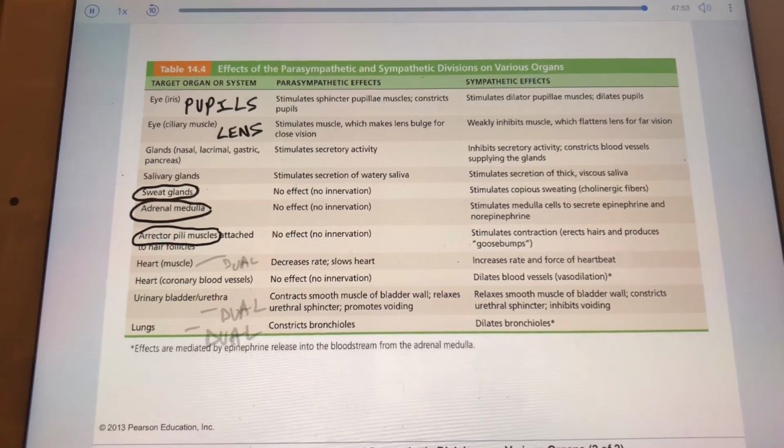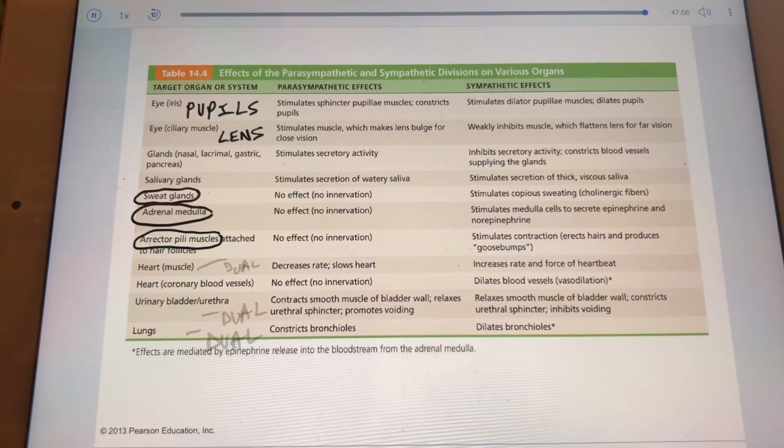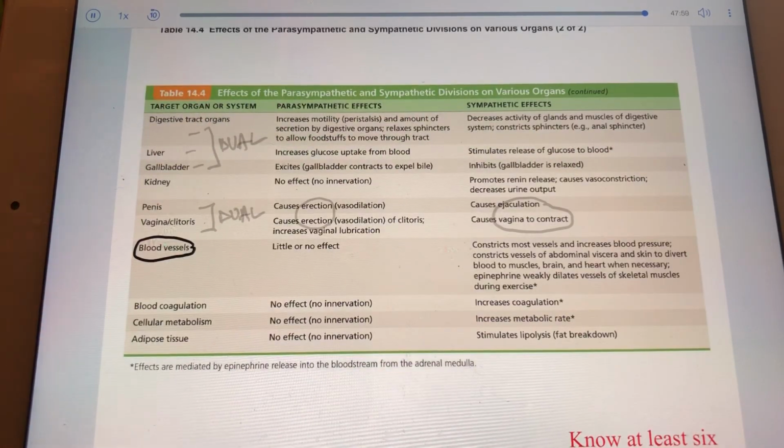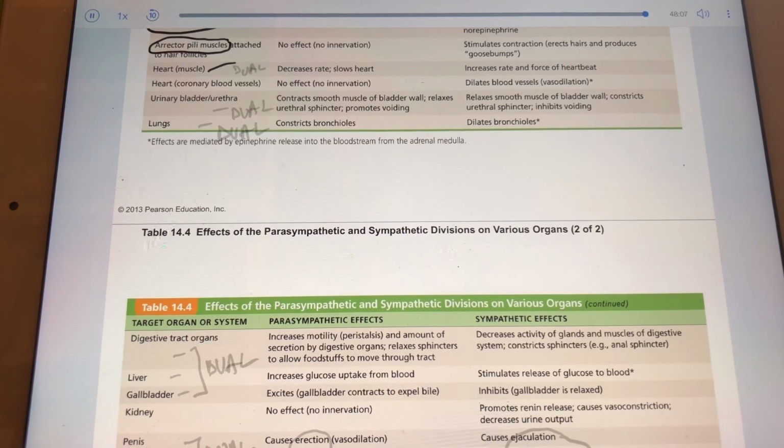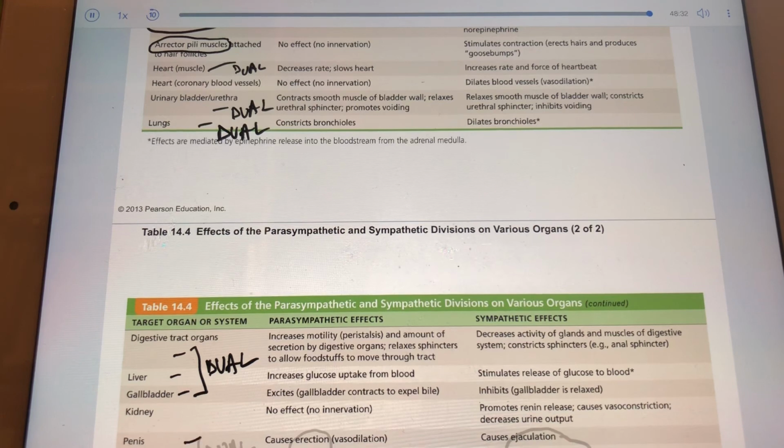We also have talked about how blood vessels are innervated, okay? And we've also emphasized that there are quite a few dually innervated targets or effectors.